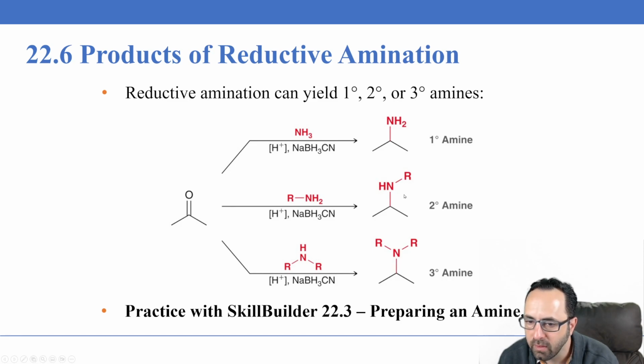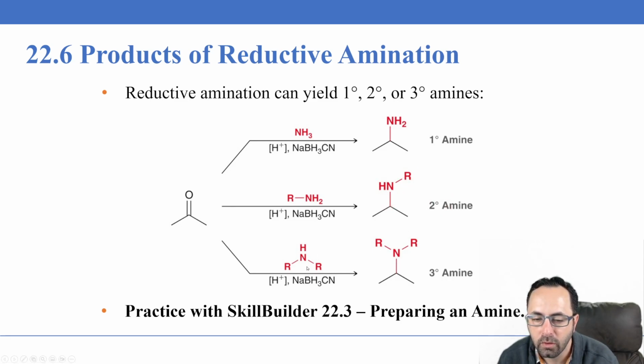If we want to produce a secondary amine, we use an alkylamine with one carbon attached to the nitrogen. When the nucleophilic nitrogen attacks right here, it attaches, and it's now attached not just to one carbon but to two, making a secondary amine.